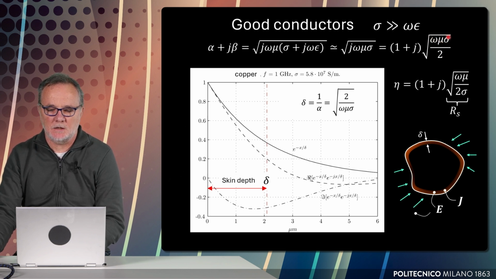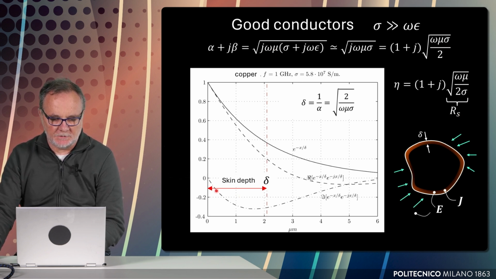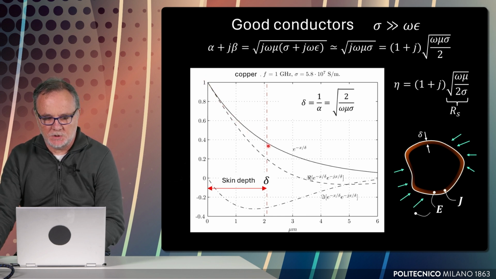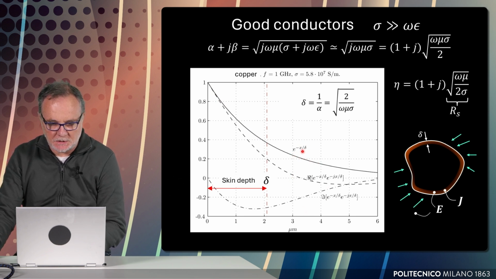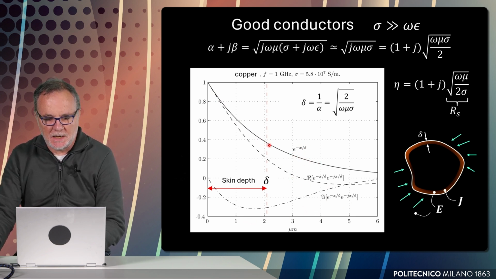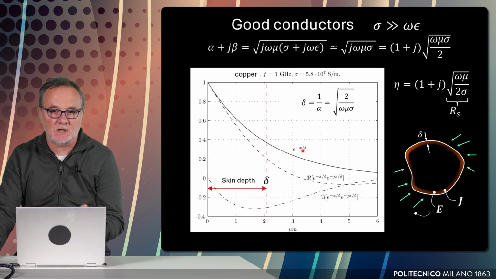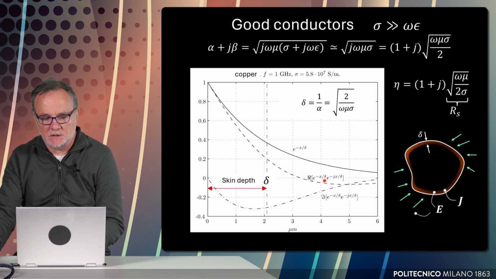As a function of z, you see here the magnitude, the attenuation, exponential of minus x over delta, minus alpha x, and we also have the oscillation represented by beta.